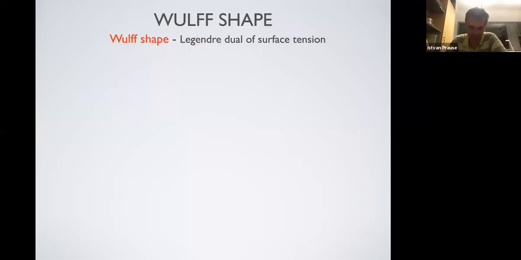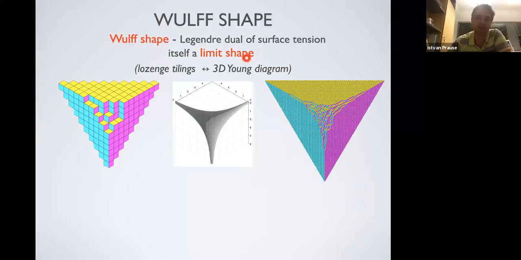Of course, this now sounds a little bit like a circular argument, but the point is that the Wulff shape itself arises as a limit shape from the problem. So this is kind of the ultimate limit shape of the model. If you can solve this limit shape problem, then you have the surface tension, and that via the variational principle governs all other limit shapes.